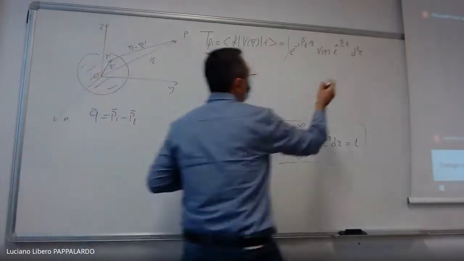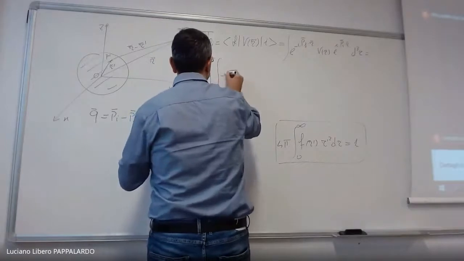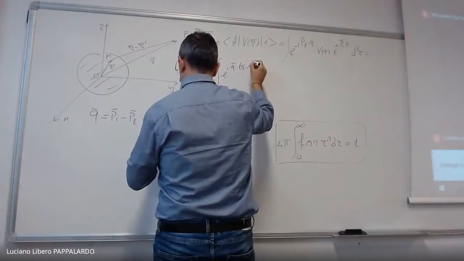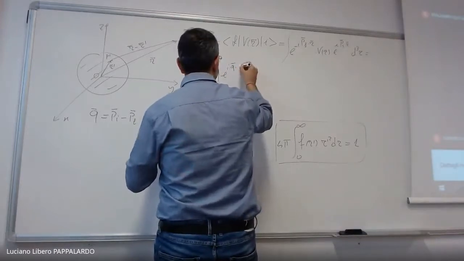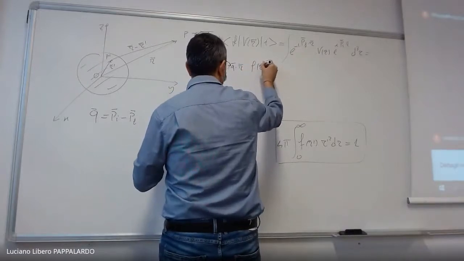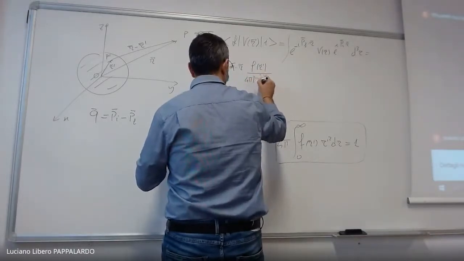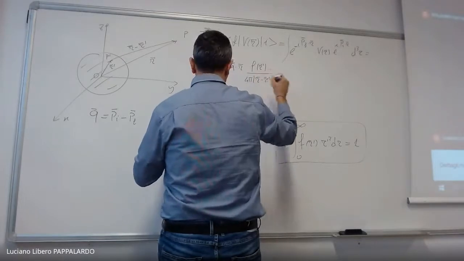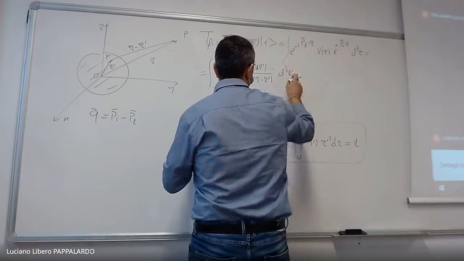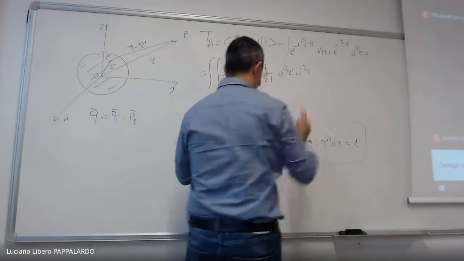So this is going to be a double integral of e to the i q scalar r, then we have our potential, which is rho of r' divided by 4 pi times the modulus of r minus r'. And now we are integrating with d cubed r', which is coming from the Coulomb potential, and then we still have d cubed r.